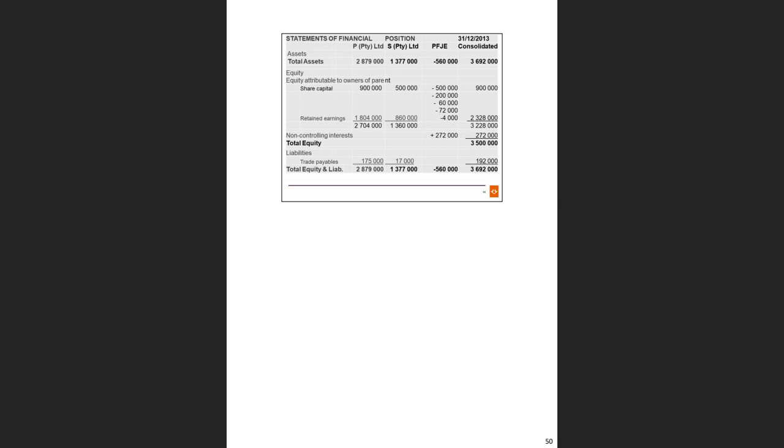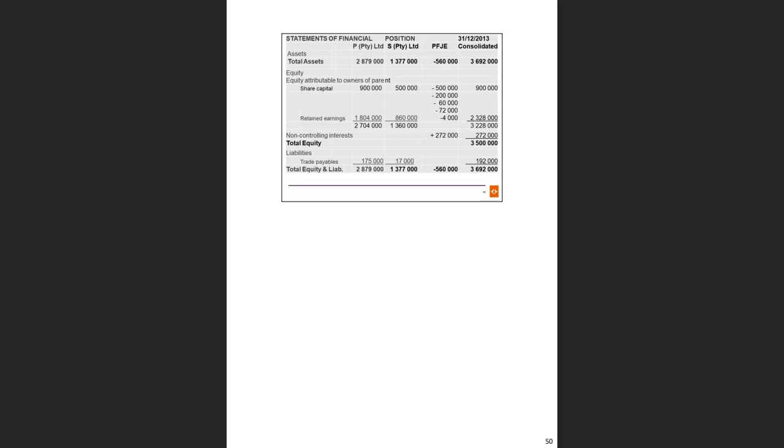This is going to help us when we are preparing the consolidated statement of changes in equity and the consolidated statement of financial position. So here we looked at the share capital, and then for retained earnings, we're taking P plus S, and then they've broken down that journal entry to retained earnings. This is made up of all of the pro forma journal entries.